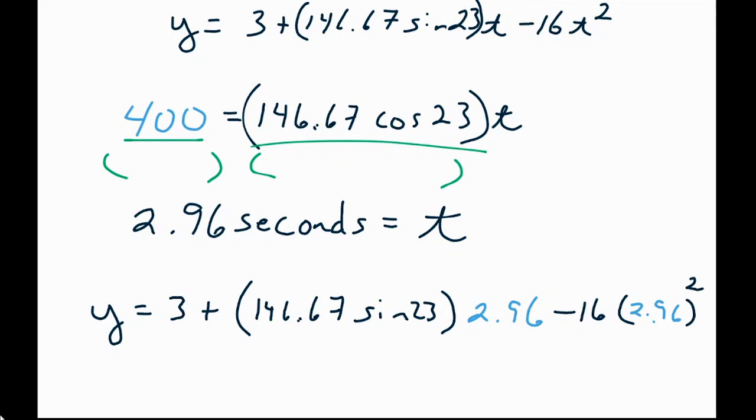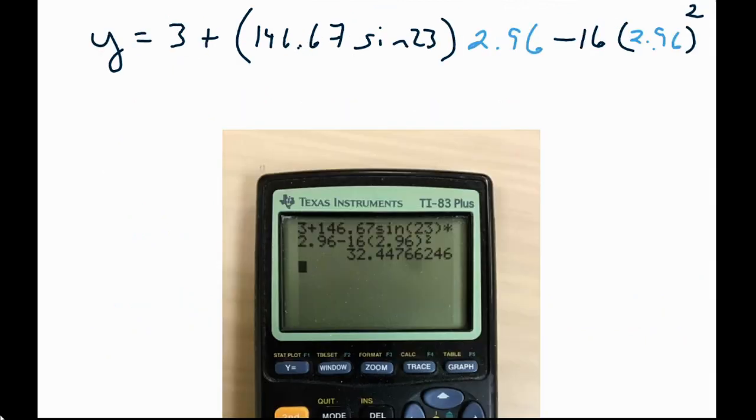If your calculator is in degree mode, type this in on your home screen, and you should end up with approximately 32.45. Now remember, that's actually the y value. So that's the height.